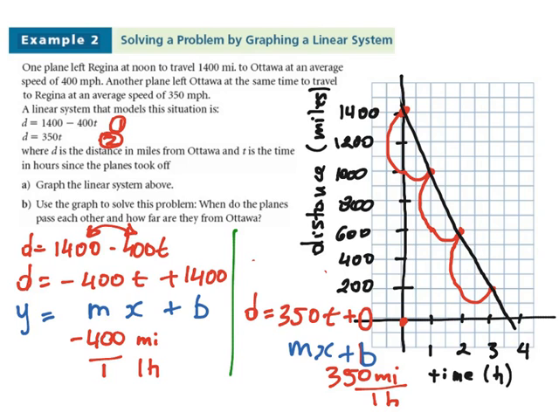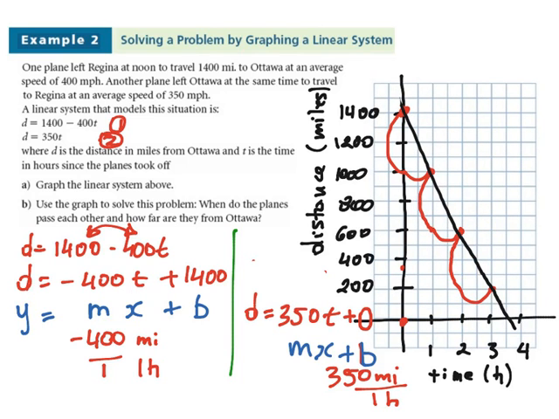So again, I'm going to focus on the graph. We're going to move up 350, and 350 is approximately right here. So that's traveled in 1 hour. That's the second point, starting at the origin.